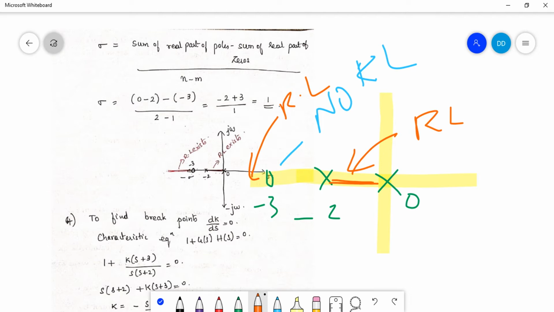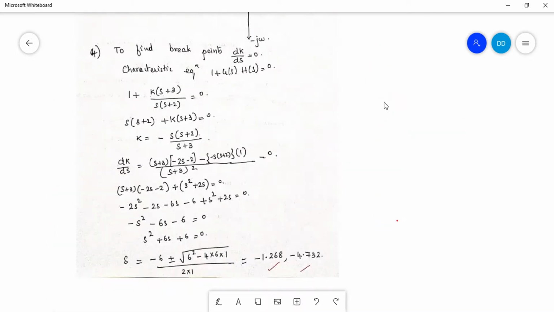So here we just have to find the breakpoints, because between two poles a root locus exists, so obviously it will break. You can have either breakaway points or break-in points. First we will find the breakpoints.